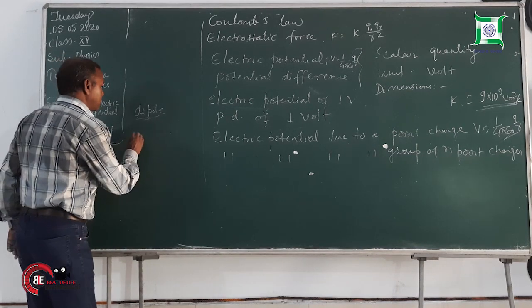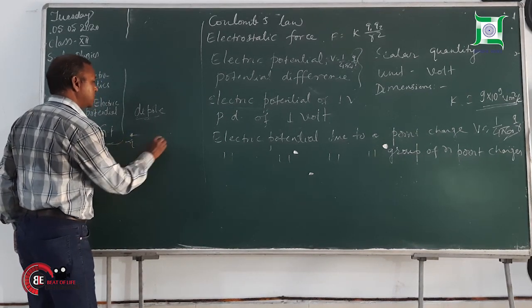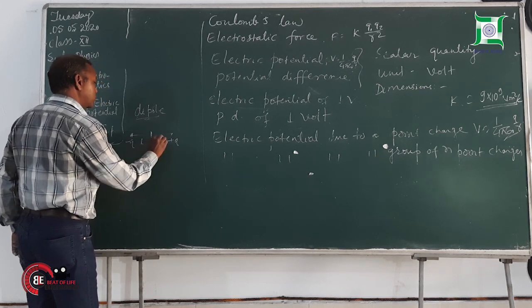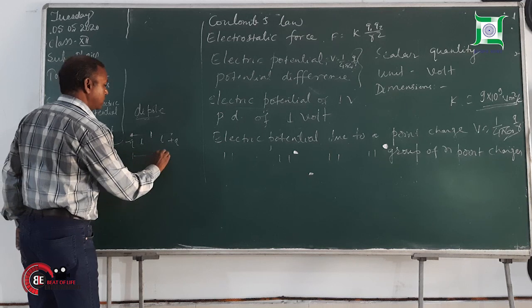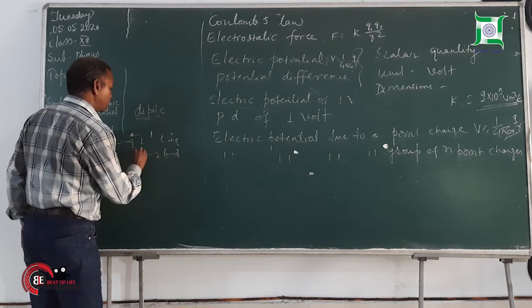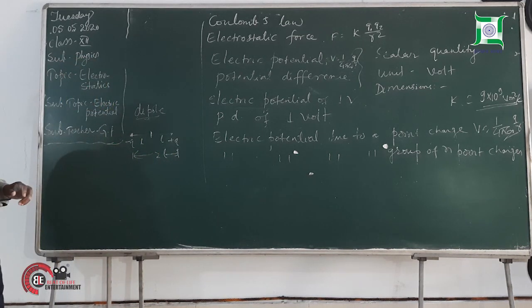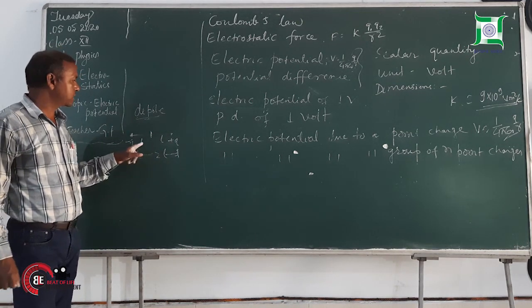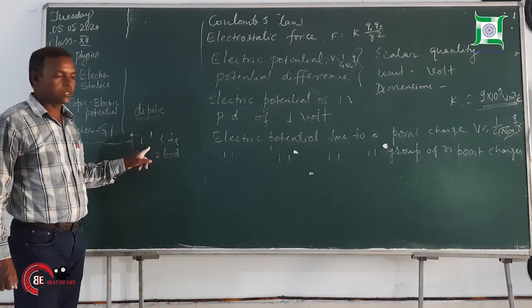Suppose here is minus q charge, here is plus q charge, and the separation between them is 2L, then it is a dipole. So a dipole consists of 2 equal and opposite point charges separated by some distance.